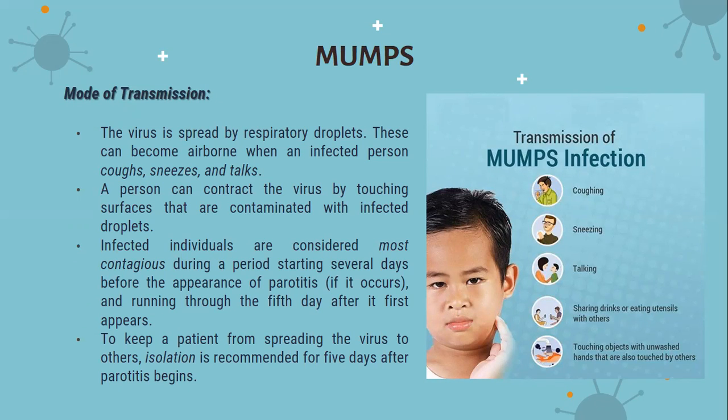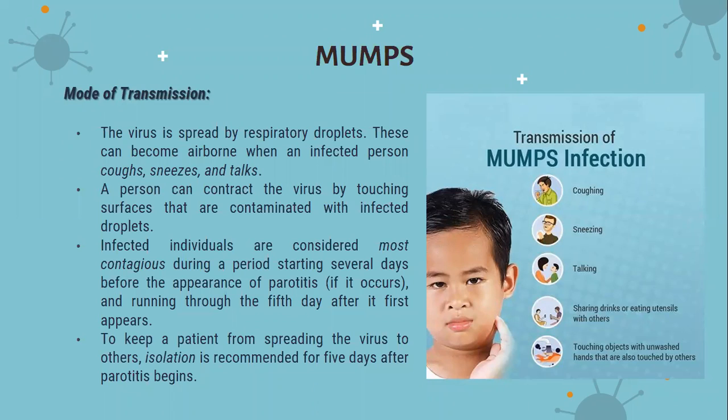A person can contract the virus by touching surfaces that are contaminated with infected droplets. For example, a ballpen held by an infected person. If you are exposed to that ballpen, touch it, and then inhale or something, there's a big possibility that you will also become infected.